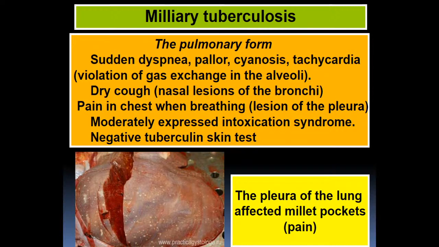The pulmonary form of miliary tuberculosis: sudden dyspnea, pallor, cyanosis, tachycardia, violation of gas exchange in the alveoli, dry cough, lesions of the bronchi, pain in the chest when breathing, lesion of the pleura, moderately expressed intoxication syndrome, and a negative tuberculin skin test are characteristic. Miliary tuberculosis can form in patients with low immunity.